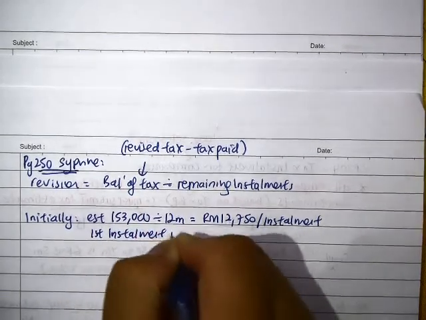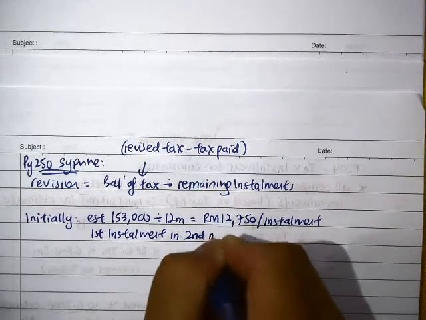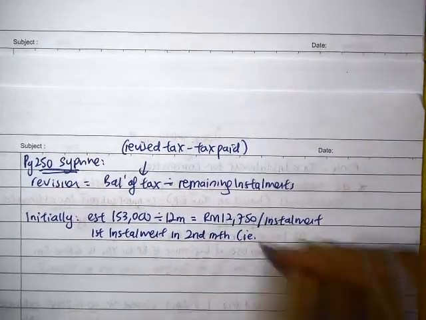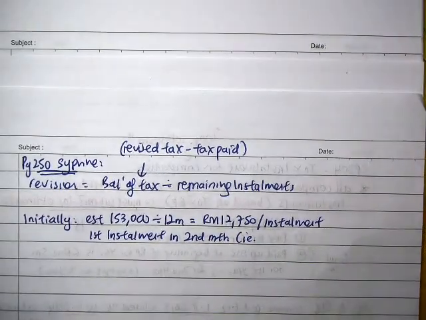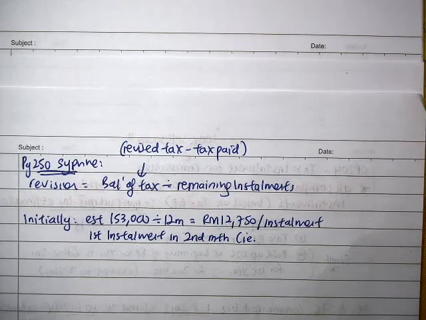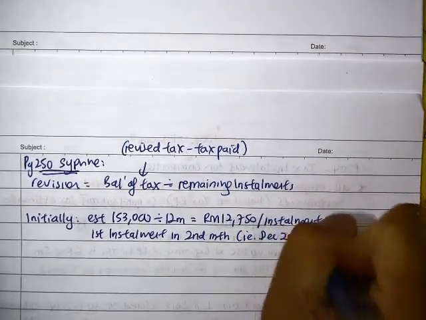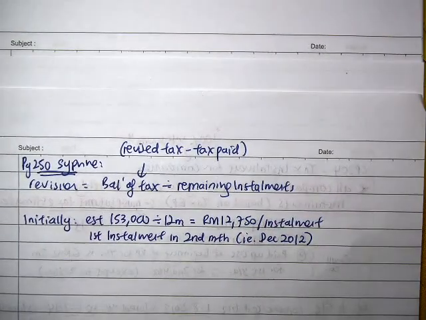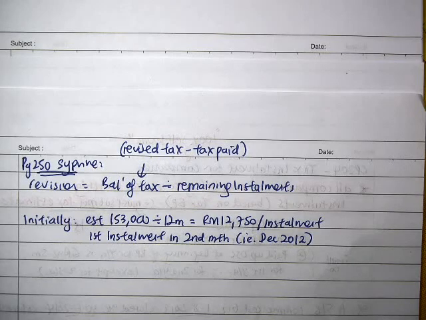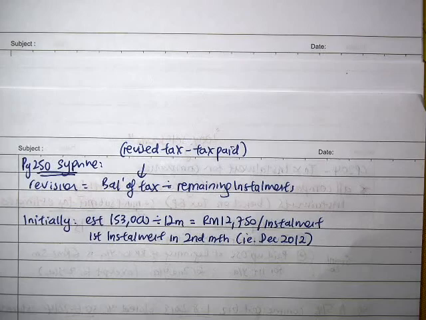Now first installment in the 2nd month, which month is that? Year end is October, that means November and December, correct? December 2012.